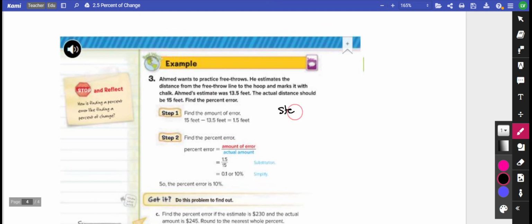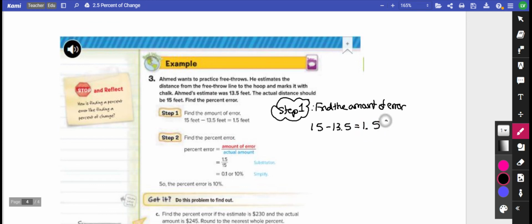So step 1, we're going to find the amount of error first. So if the actual amount is 15 feet and he guessed 13.5 feet, that is 1 5/10 feet that Ahmed is off by.